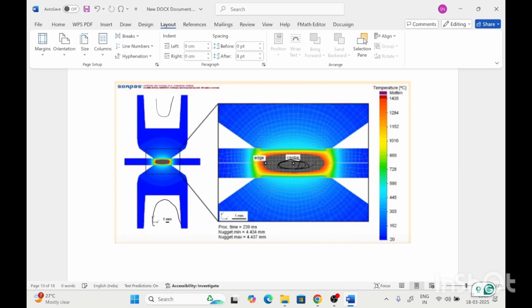That decreases very steeply, meaning there is a very steep gradient from the interface to the working plate and electrode surface. We can see that in this condition it is molten, and after that the temperature is decreasing very sharply.